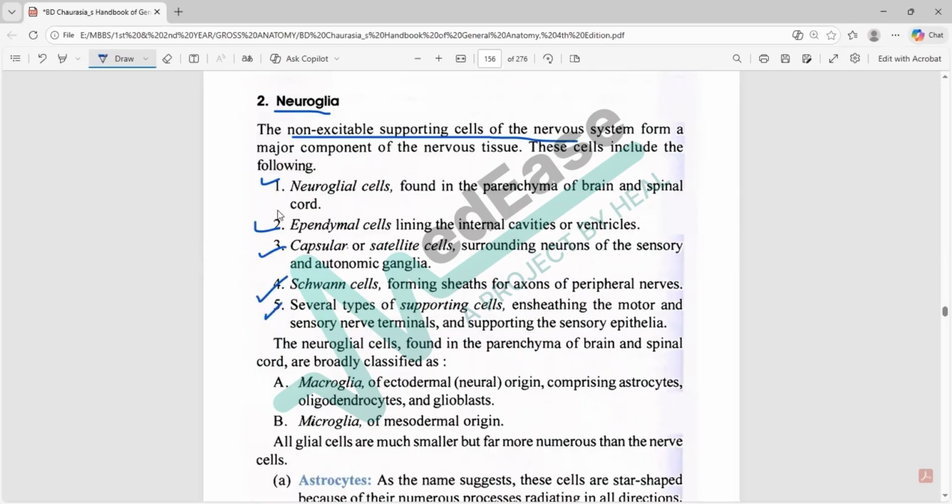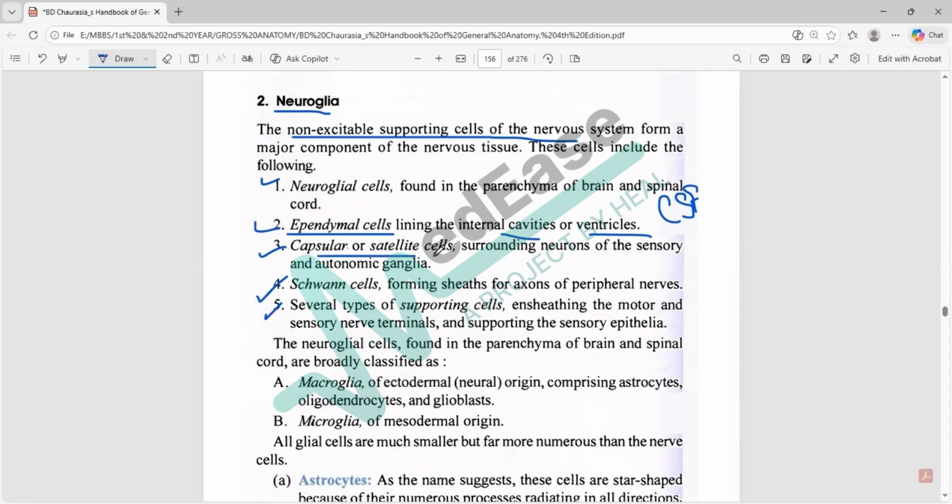Now, astroglial cells are present in the parenchyma of the brain and the spinal cord. Then the ependymal cells are present in the cavities containing CSF, the cerebrospinal fluid. In the brain they are present in the ventricles, whereas in the spinal cord they are present in the spinal canal or spinal cavity.